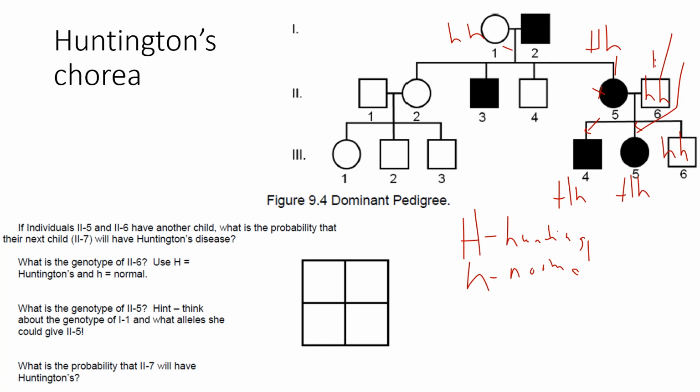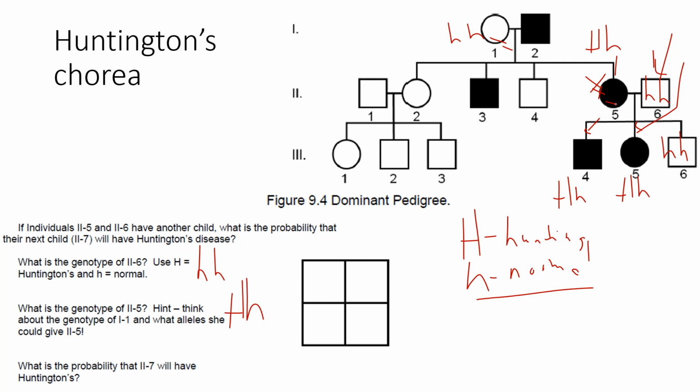Okay, so 2-6, we figured them out earlier. They're lowercase h, lowercase h. We know that because they're not shaded in, and not shaded in is normal. What is the genotype of individual 2-5? Well, we figured them out earlier. They're big H, little h. And we know that because they had a parent that was unaffected, but they do have the disease, so they must be heterozygous for that disease.